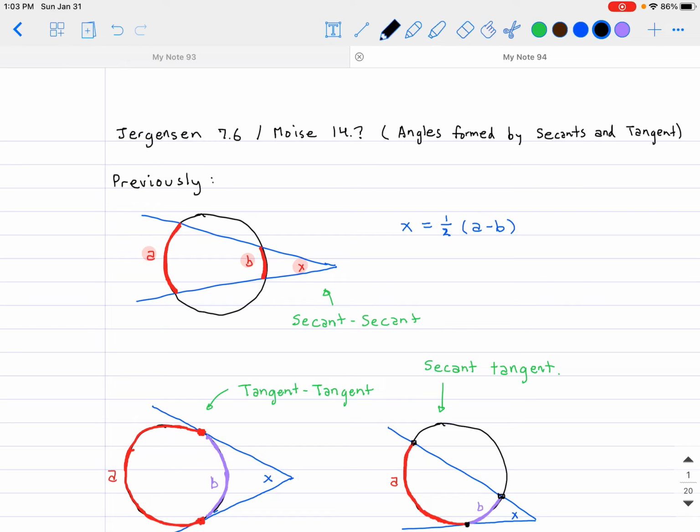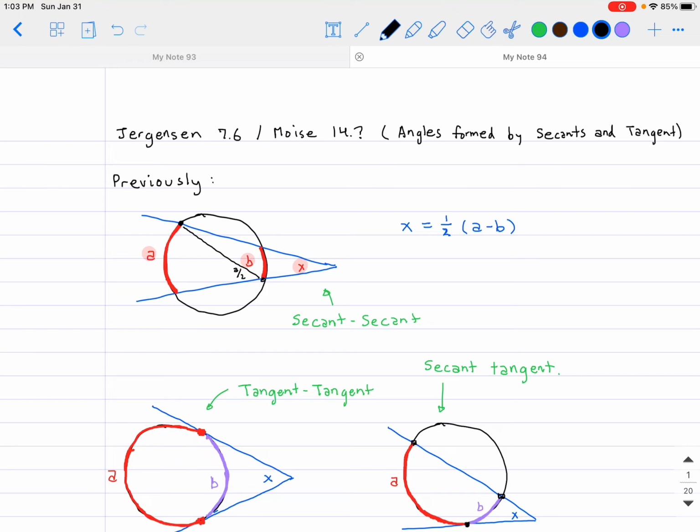The way that we proved it, if you remember, but if you don't we can take a quick look, is by using the inscribed angle. We took one point over here and another point over here and drew a chord inside. Using the inscribed angle theorem, this angle over here is a over 2.